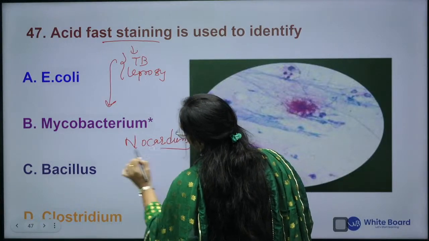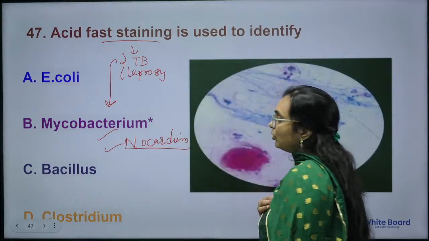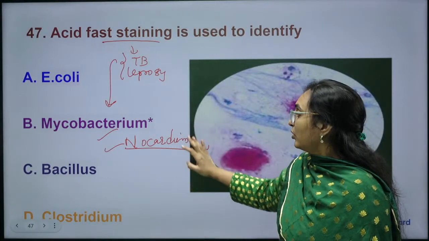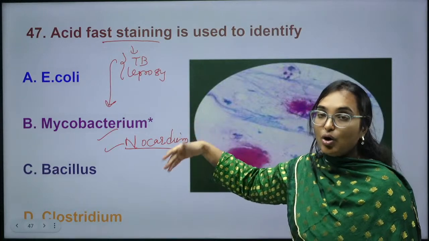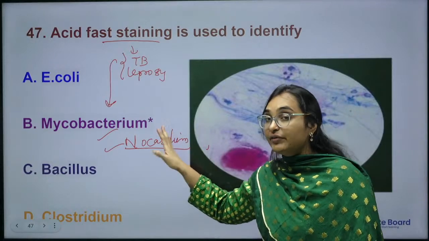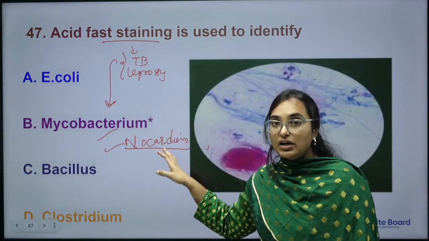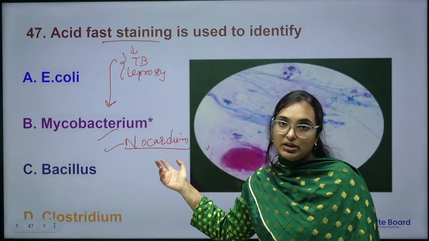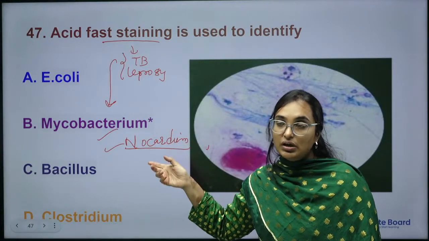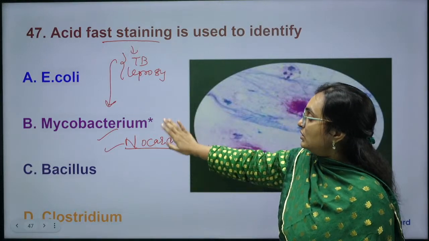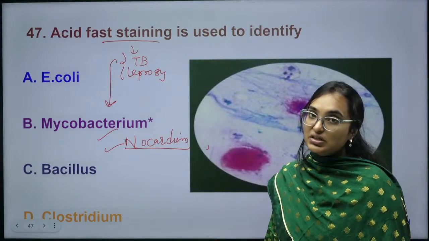Okay. Mycobacterium and Nocardia, these two are stained by the acid-fast staining method. Okay. This is done when normal staining procedures are not applicable. Because they have a thick fatty layer, and that is why normal staining and acids cannot stain this Mycobacterium because of the presence of this lipid layer on the cell wall. That is why these are stained by using the acid-fast staining method.